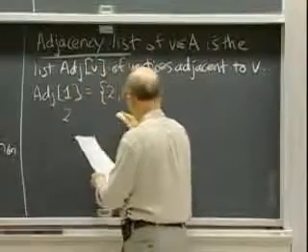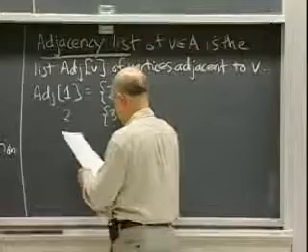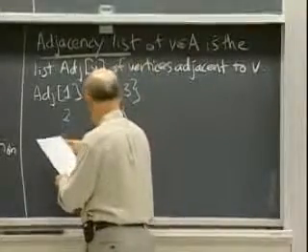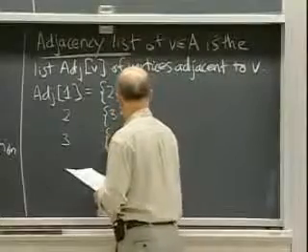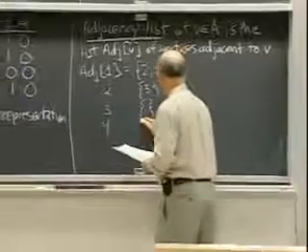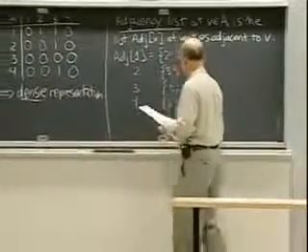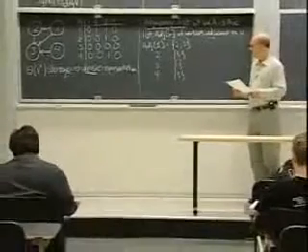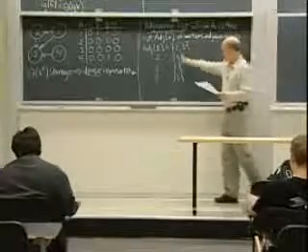The adjacency list for 2 is just 3. For 3, it's the empty set, and for 4, it is 3.